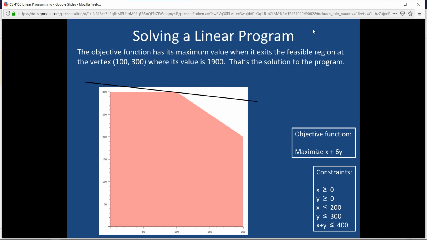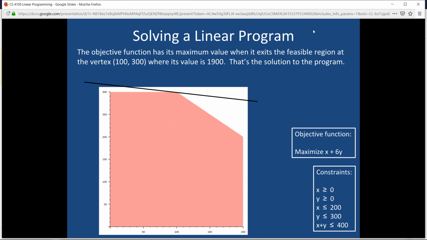Right at that corner. Okay? So that corner, we know that as the line goes up, the objective function gets larger and larger. The value of x plus 6y gets larger and larger. So that is the largest value that the objective function could have before it exits the feasible region, which means that the optimal answer is the one at that corner, which is 100, 300.